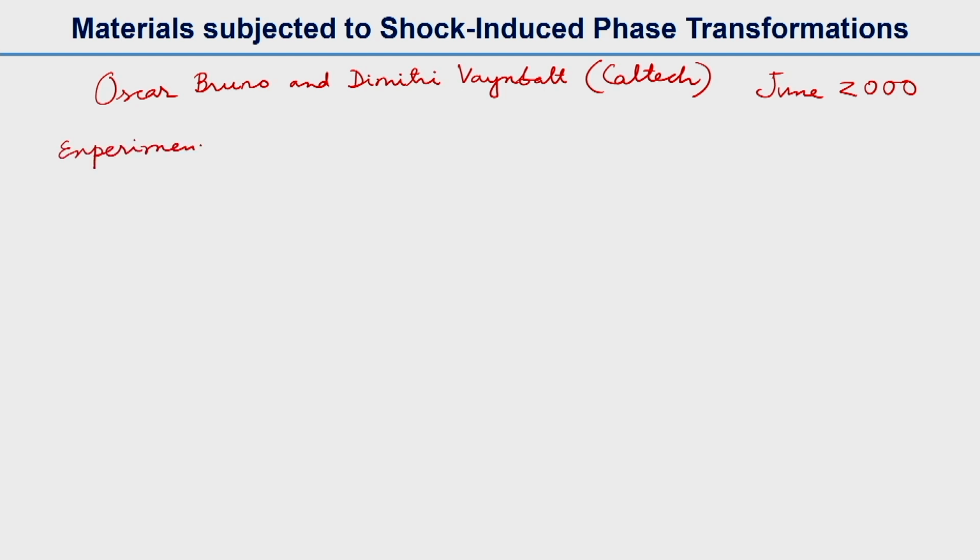In a typical experiment, to produce a shock wave we have a flyer plate, which we can call a projectile, and this is the target.